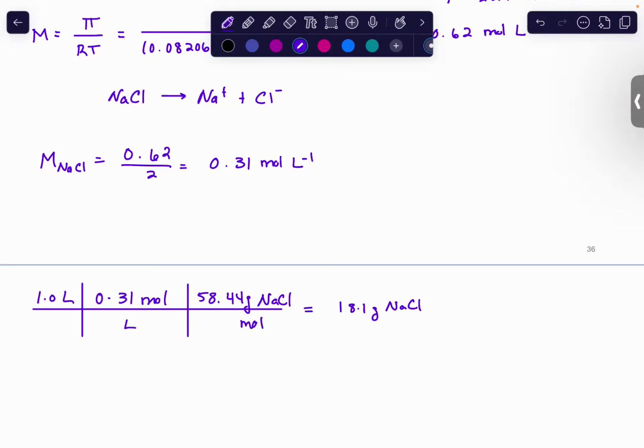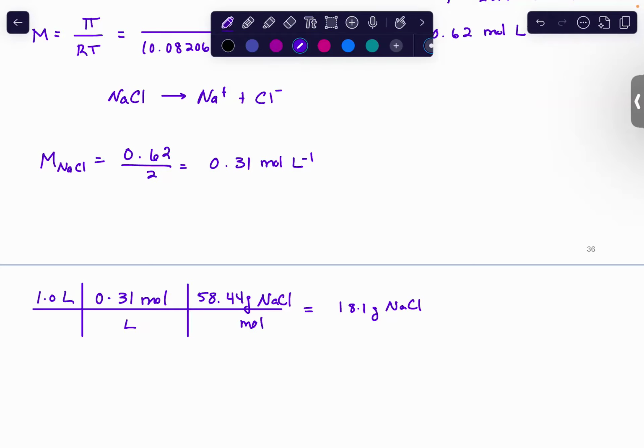Now, how would I use this information to prepare the 1 liter solution? I'm going to take these 18.1 grams of sodium chloride, put them in a flask, put enough water in to dissolve all the crystals, and then dilute to 1 liter.